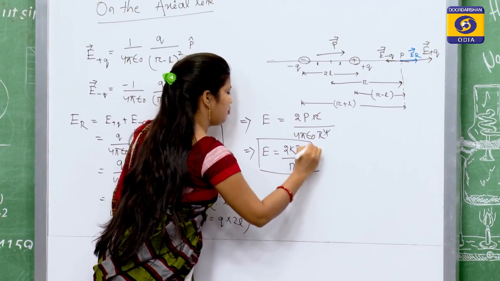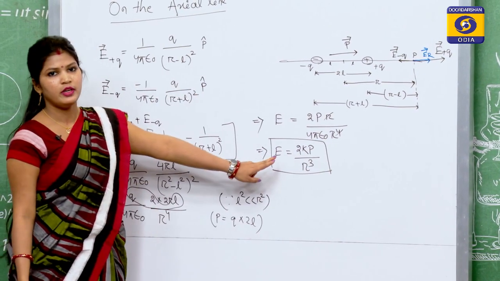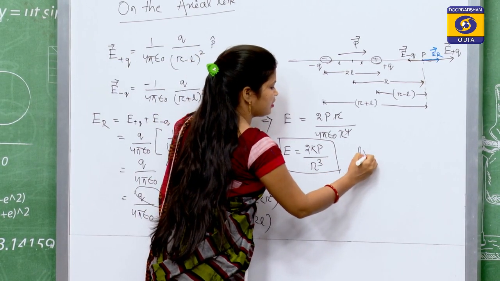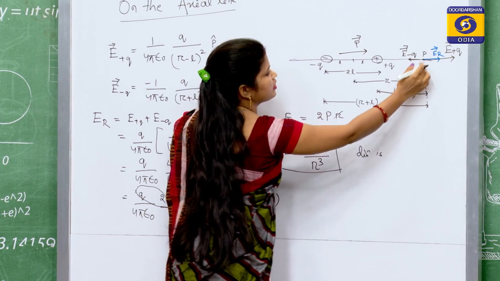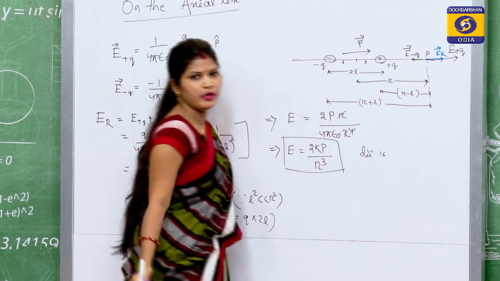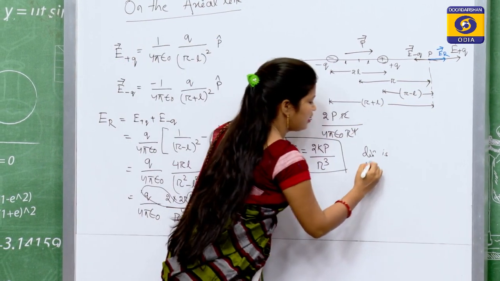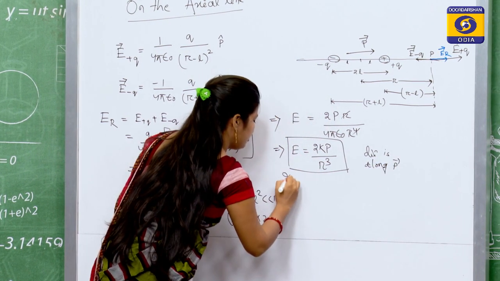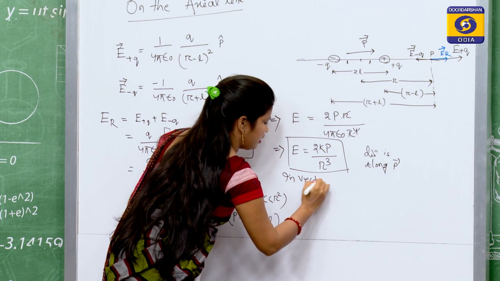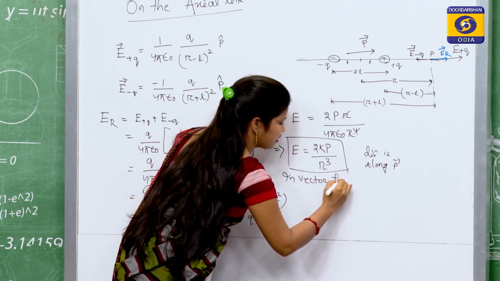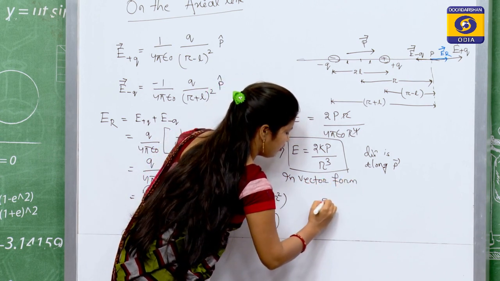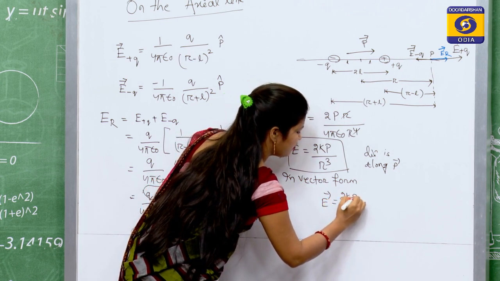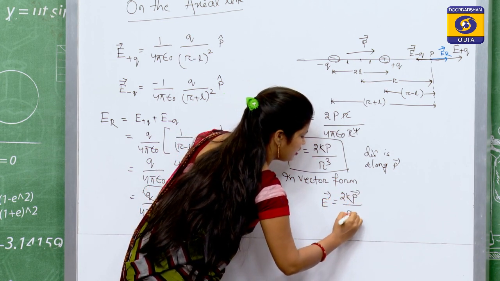This is the magnitude of electric field intensity, and the direction is along p vector, the direction of the dipole moment. So, in vector form, E vector is equal to 2 k p vector upon r cube.